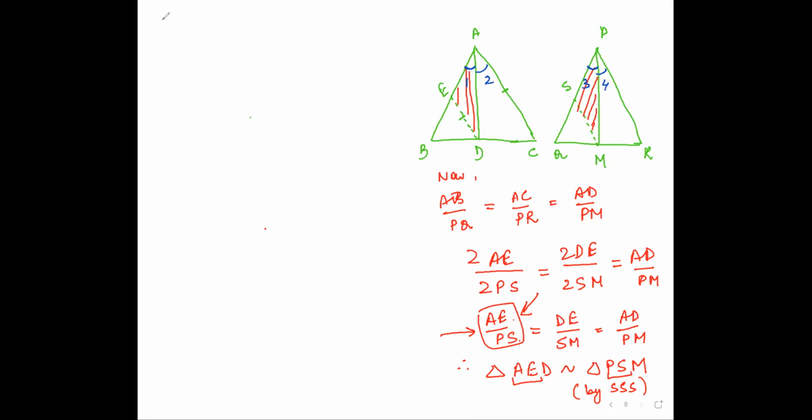Therefore angle 1 is equal to angle 3, and similarly angle 2 is equal to angle 4, corresponding parts of similar triangles. If you add them, angle 1 plus angle 2 will be equal to angle 3 plus angle 4. So 1 plus 2 means your complete angle A, and 3 plus 4 means your complete angle B.